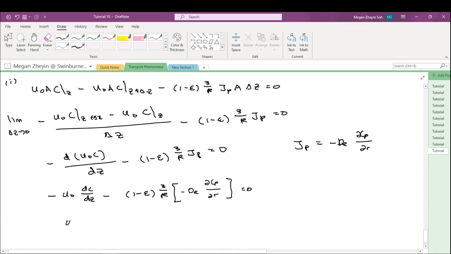We arrange the equation, so negative, negative, positive, and then bring it over so it becomes positive again. Okay, so that's all for tutorial 10.